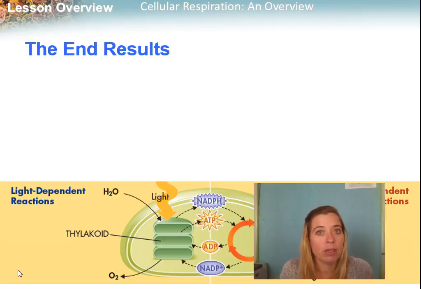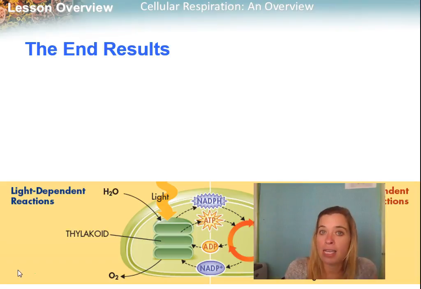So, in the light-dependent reactions, water comes in, donates its electrons and hydrogen ions, and O2 leaves. The electrons are excited to make ATP and then re-excited to make NADPH.